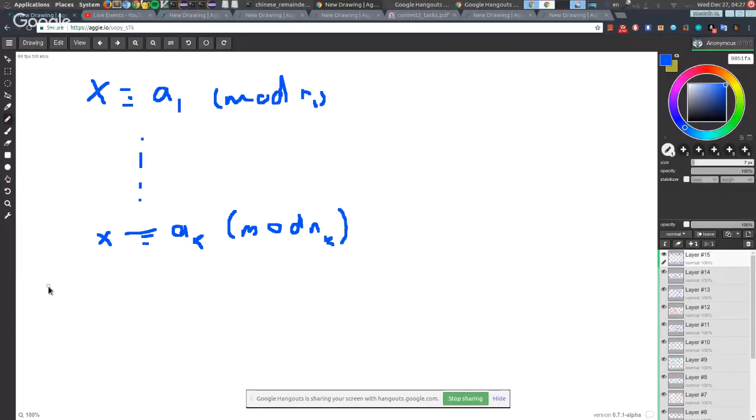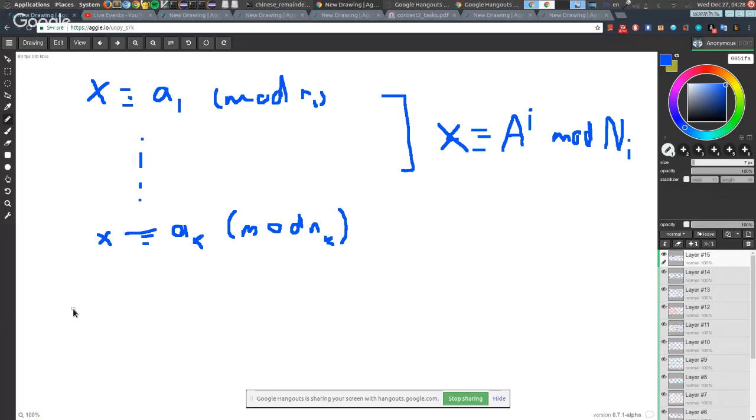And to solve this, we can solve the first I equations. So we say that x is congruent to A capital I mod N capital I. And how do we govern the relation between A capital I and A capital I minus 1?